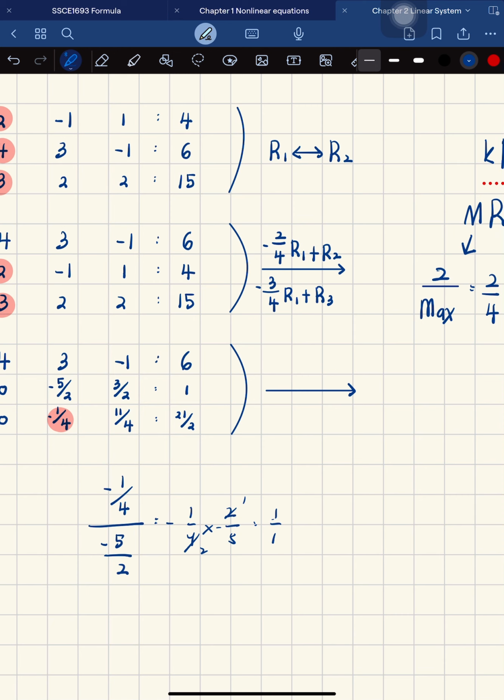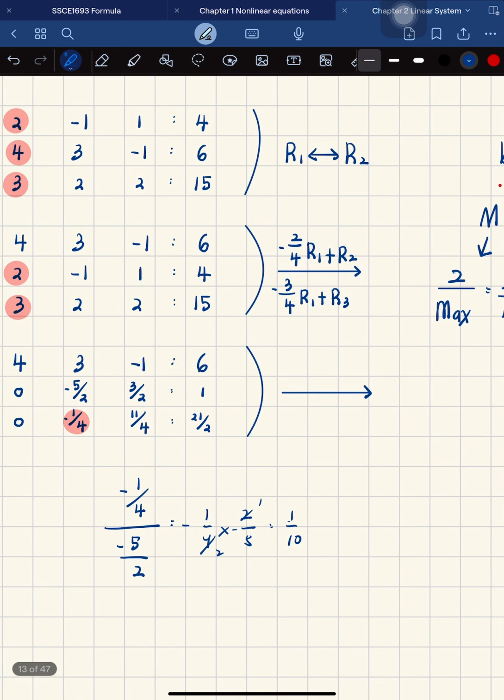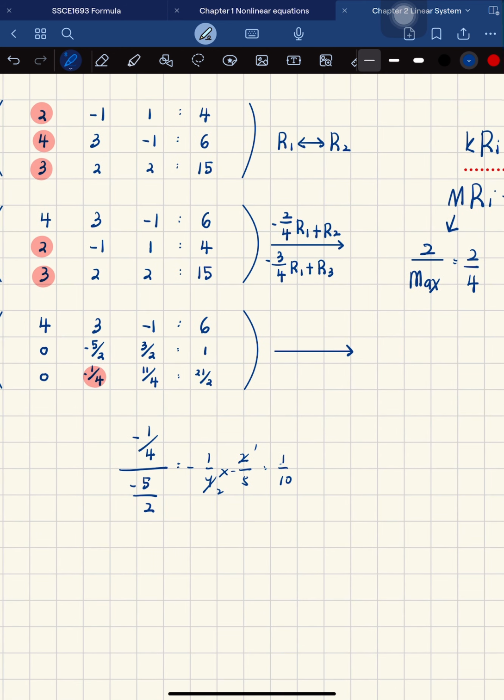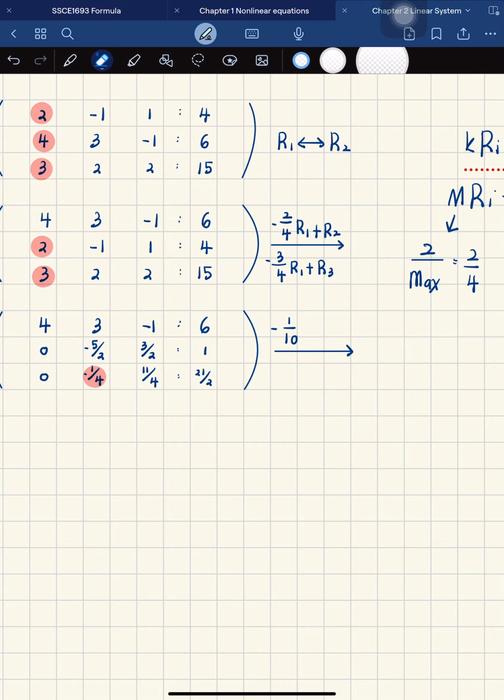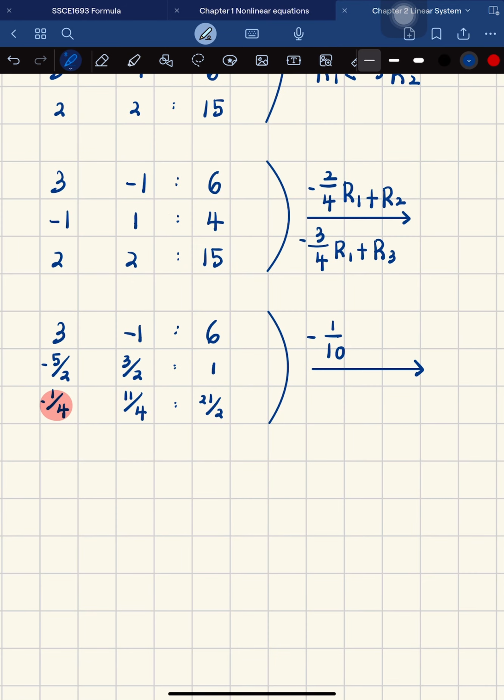So 1 over 10, but positive. So our value of m should be negative 1 over 10, the maximum value at row number 2 plus row affected.